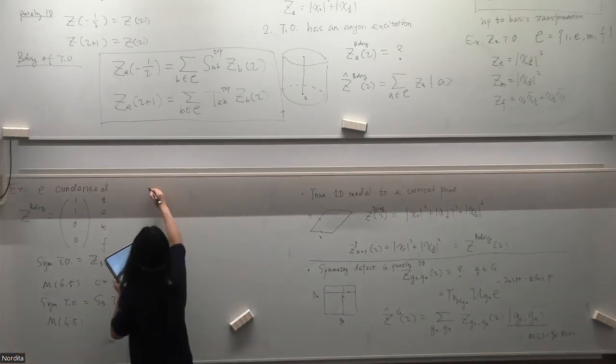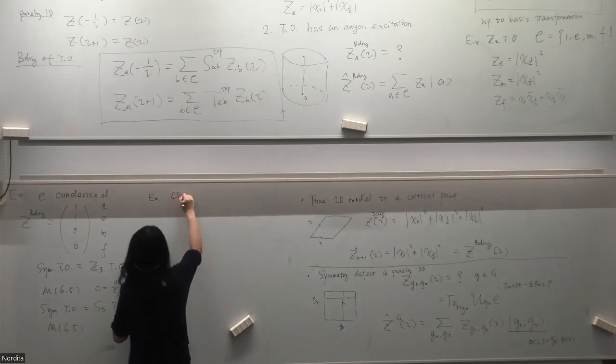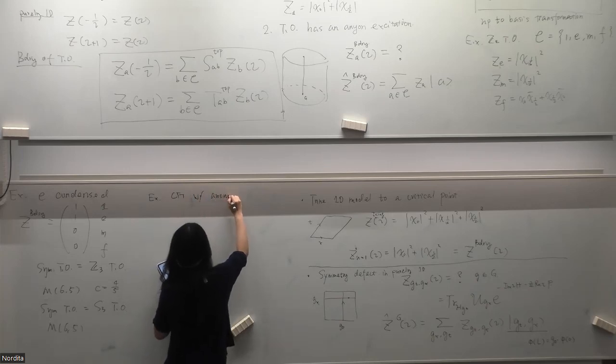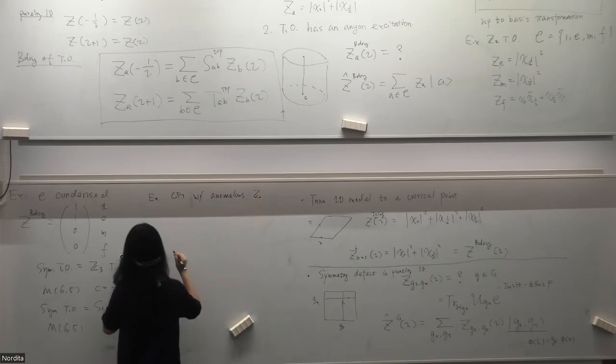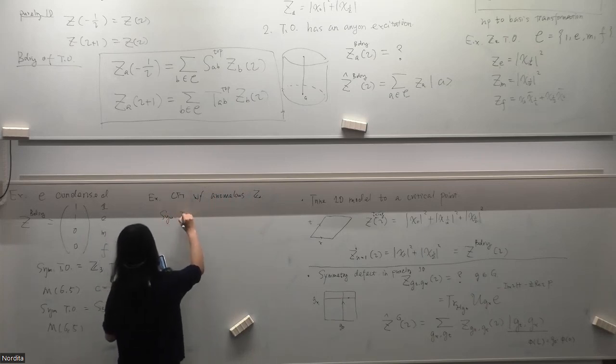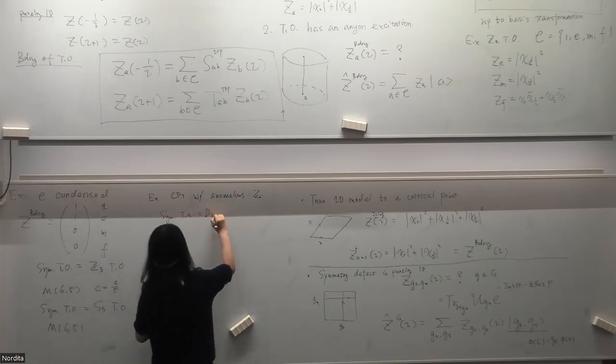Another example is a CFT with anomalous Z2 symmetry. To check this symmetry, the input topological order is the double semion topological order.